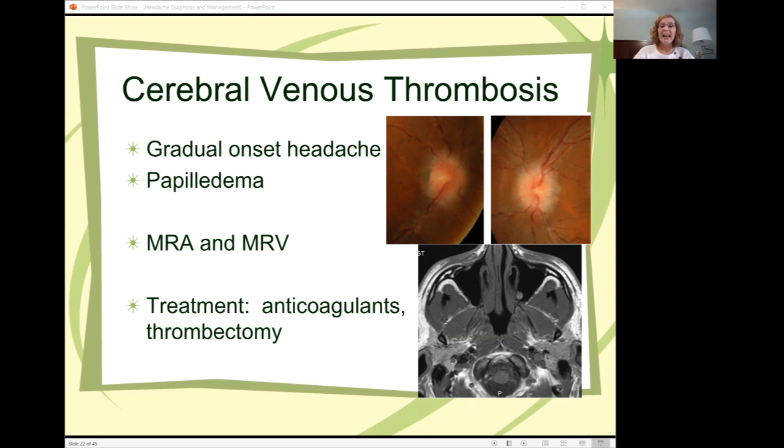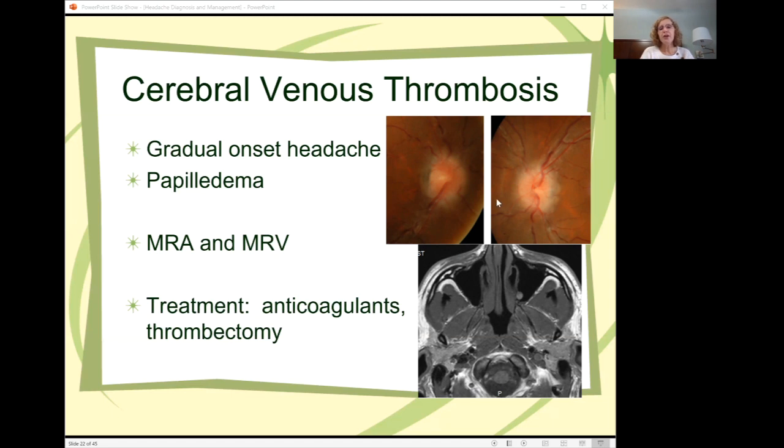There is a higher risk of venous thrombosis in those taking oral contraceptives, and it's more likely to occur during pregnancy or the postpartum time period. Also be suspicious if they have a clotting disorder. Treatment involves anticoagulants. A thrombectomy or removal of the clot may be necessary if the symptoms progress despite anticoagulant therapy.